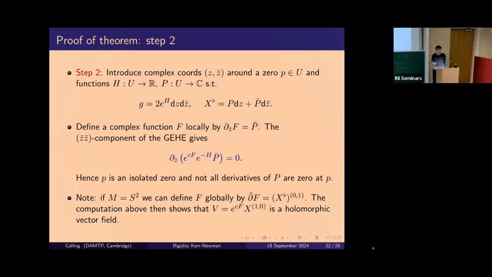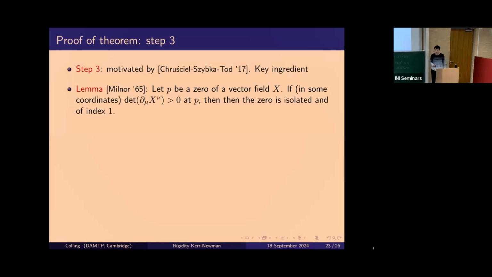And so it remains to prove step 3, which is the hardest step. What I'm going to say now is motivated by some considerations in the paper by Kunduri, Sipka, and Todd, where they did some similar computations for the vacuum near horizon equation.